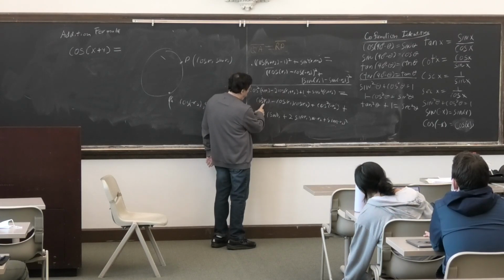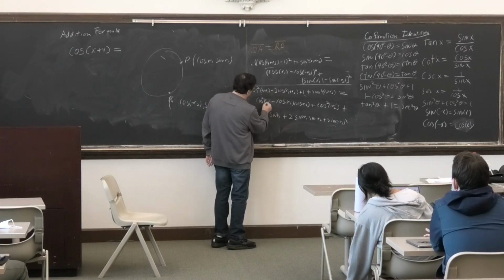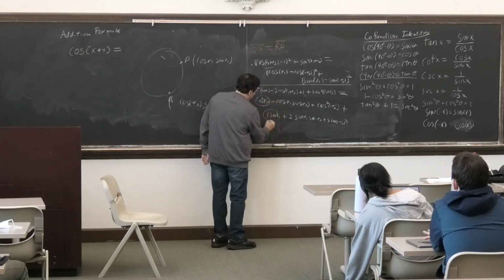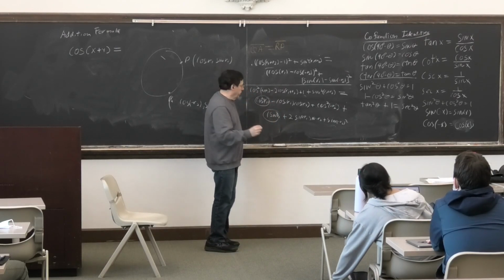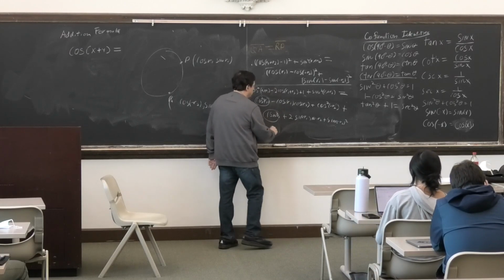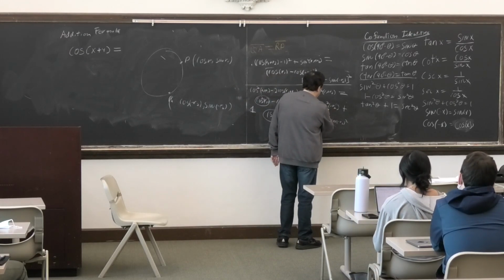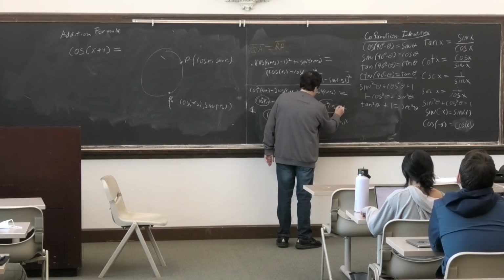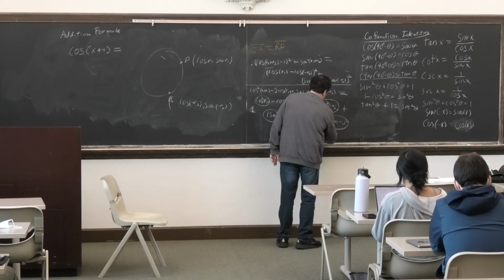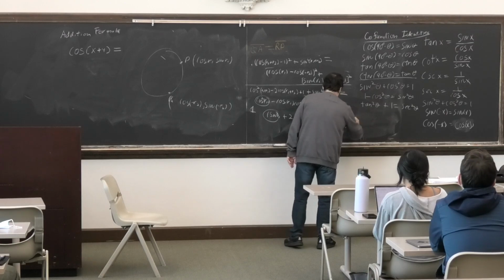Cosine squared R1 plus sine squared R1. Sine squared plus cosine squared is 1. Cosine squared negative R2, sine squared negative R2 is also 1.